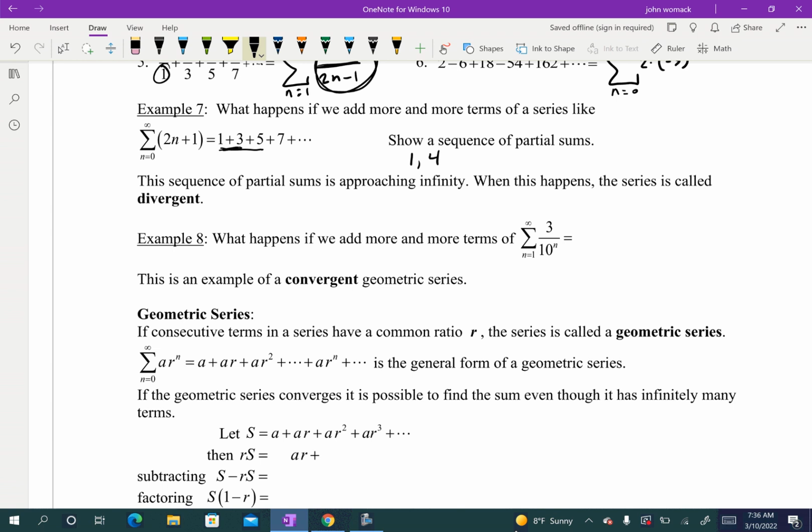If I add the first 3, 1 plus 3 plus 5, it's going to be 9. If I add the first 4, 1 plus 3 plus 5 plus 7, that's going to be 16. If I went out one more, we're going up by 2 each time, so the next number would be 9, so 1 plus 3 plus 5 plus 7 plus 9 ends up being 25.